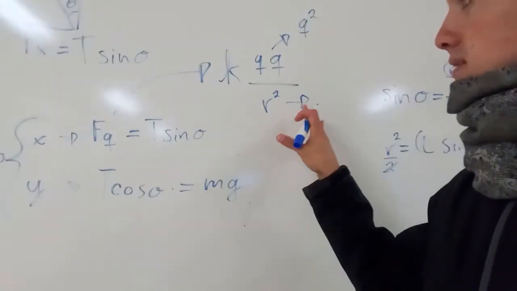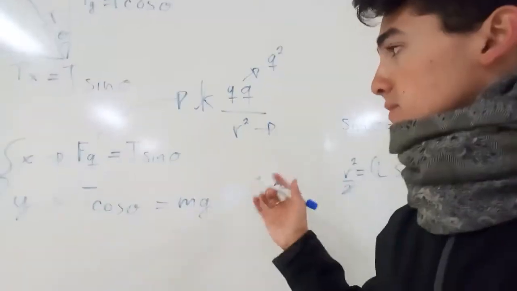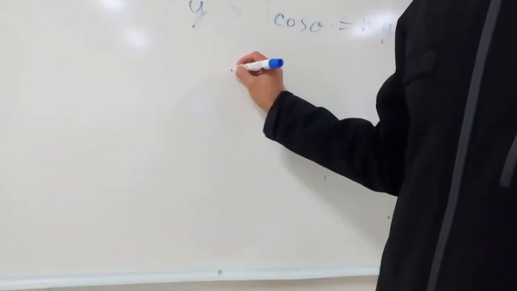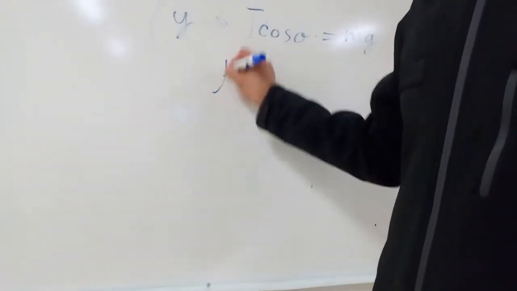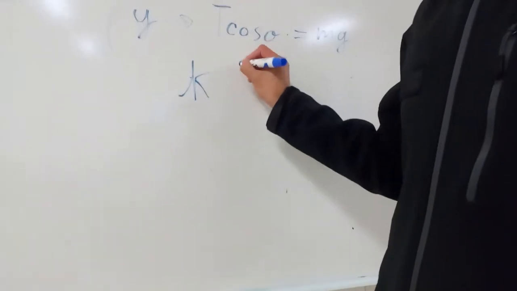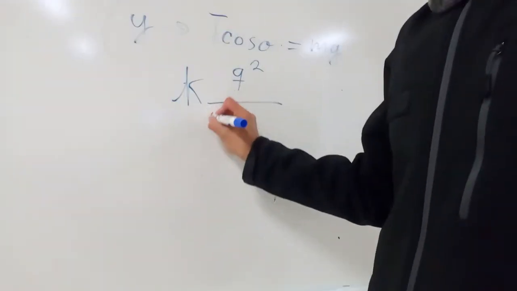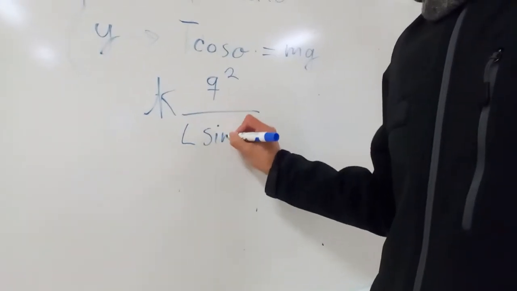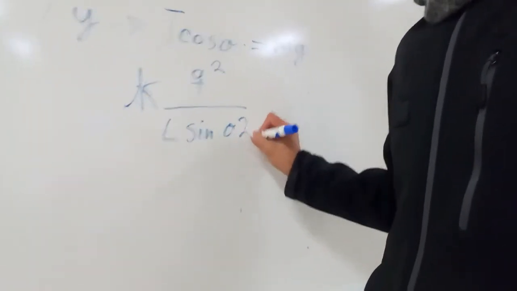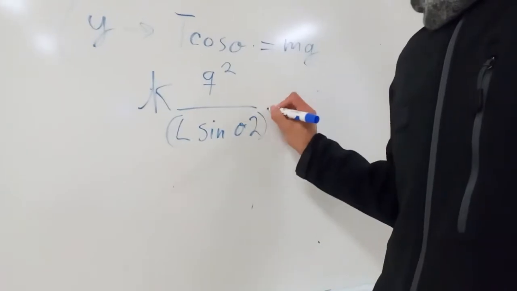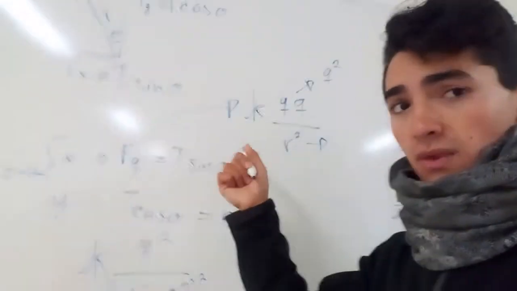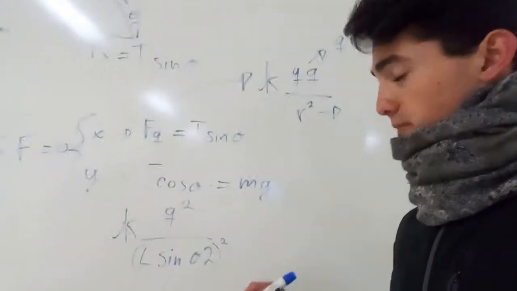So once we have all the variables, we can rewrite our equations. For the x-axis, we have the constant times the charge squared over L sine theta times 2, and all of this squared because of the formula in here.